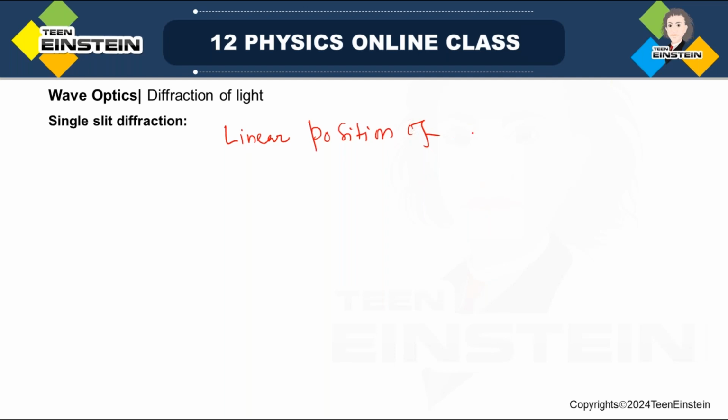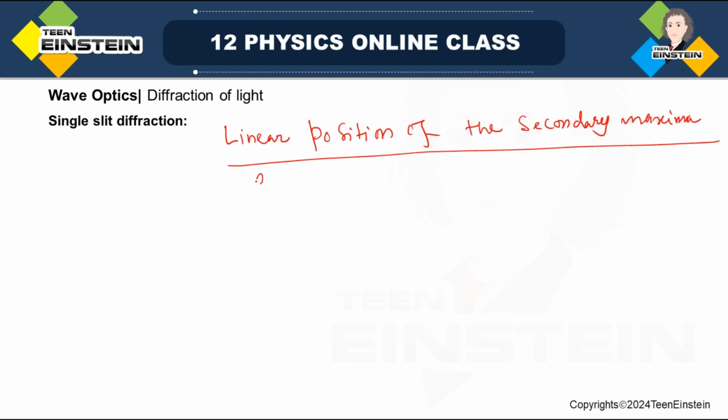Linear position of the secondary maxima. I'll go with the general condition.